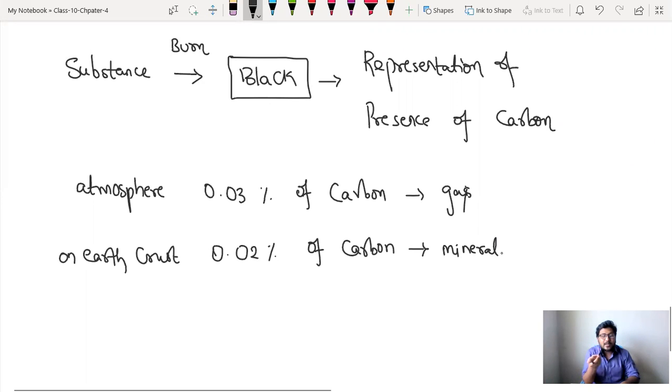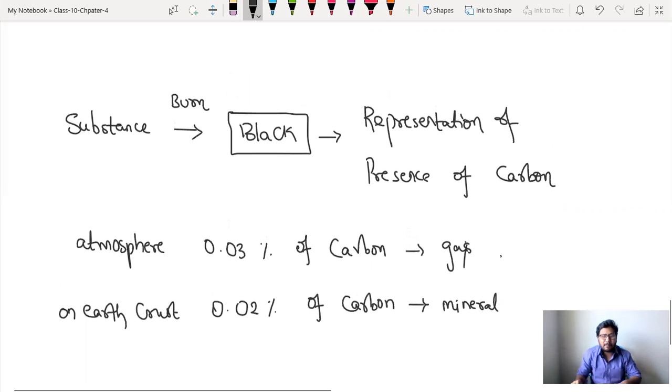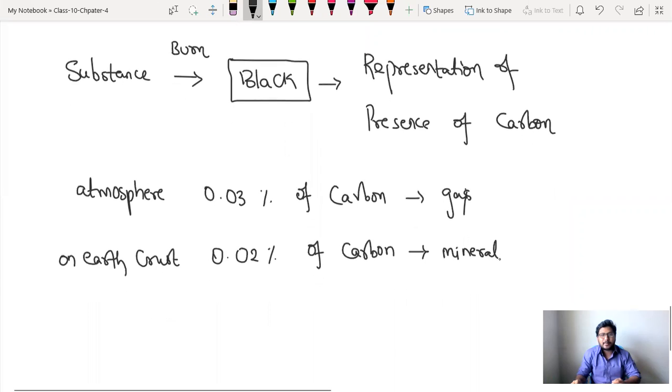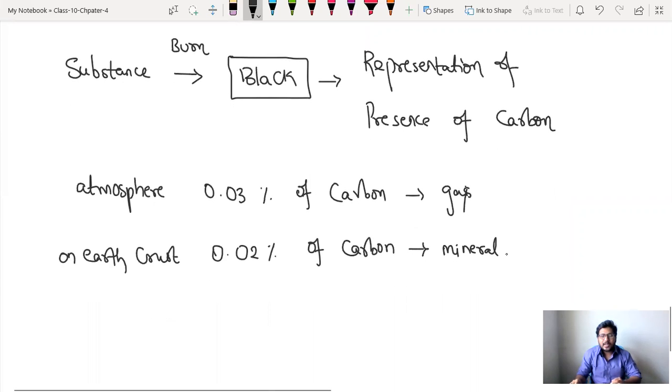It is 0.02 on Earth's crust, 0.03 in the atmosphere. But its uses, its presence is abundant, huge. In every substance, as a compound, as a part of the compound, carbon is present. So it is necessary for us to understand the importance of carbon in our life.